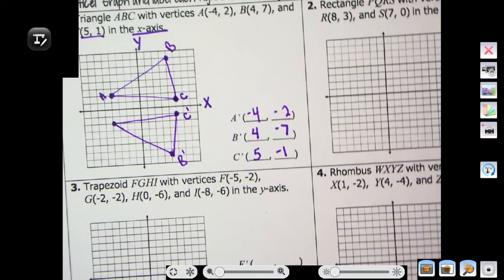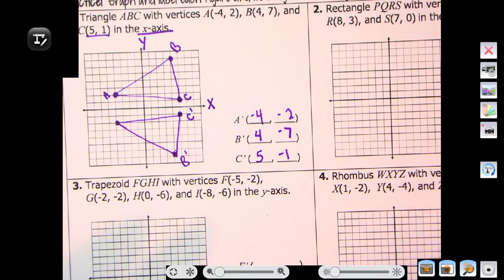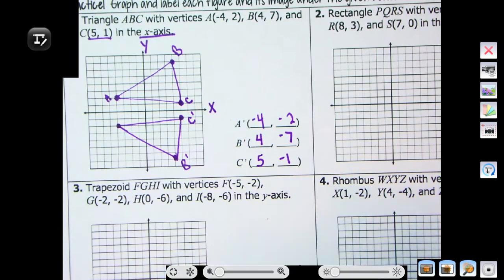So now you can see a reflection of this figure over the x-axis. Okay, so that's the first possible line of reflection, the x-axis.